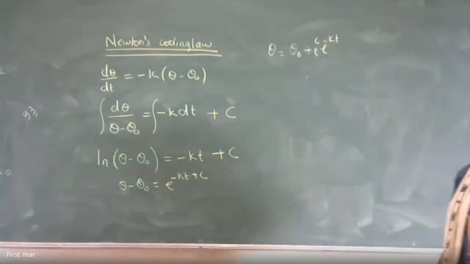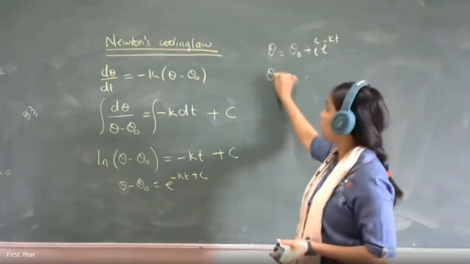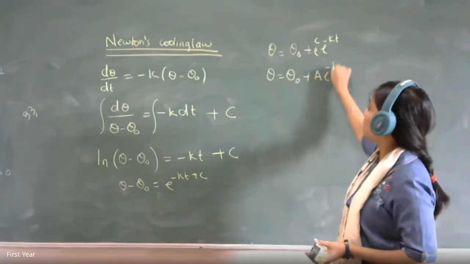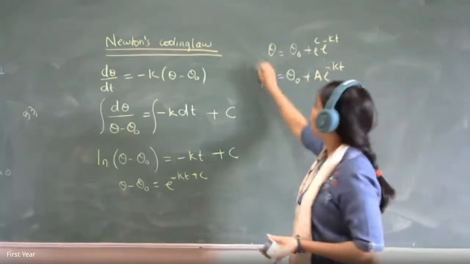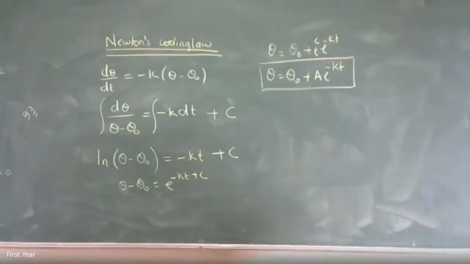Since e raised to a plus b is e raised to a into e raised to b, therefore theta is equal to theta naught plus A e raised to minus kt. This is the most general answer of Newton's cooling law, the relation between theta and time t.